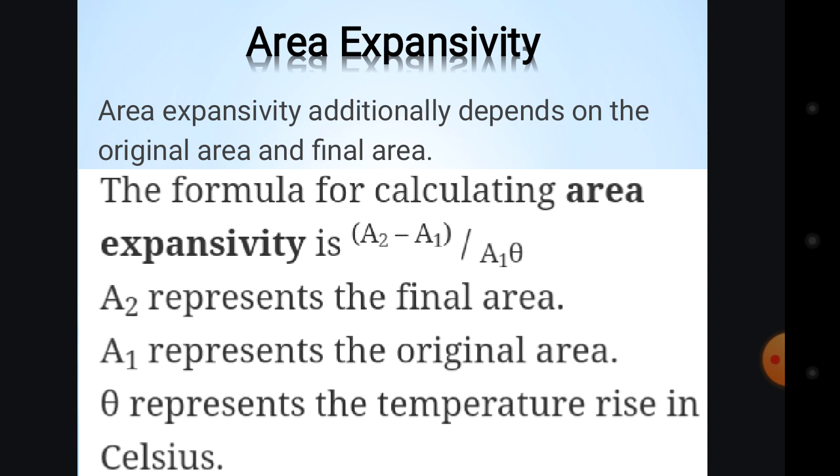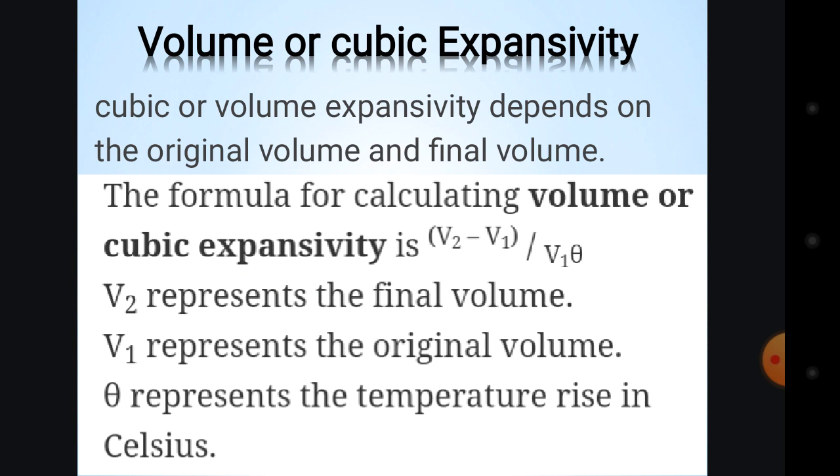So let's go to the third one. That is the third type of expansivity, the volume or cube expansivity. Volume or cube expansivity depends on the original volume and the final volume. So you see this one is not depending on the area or the length.